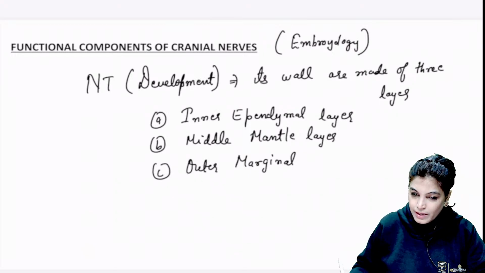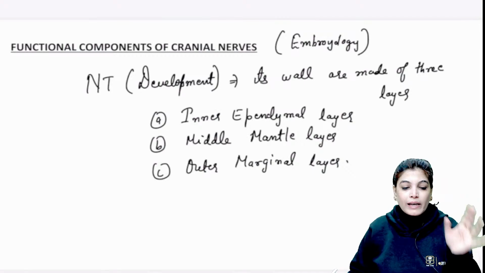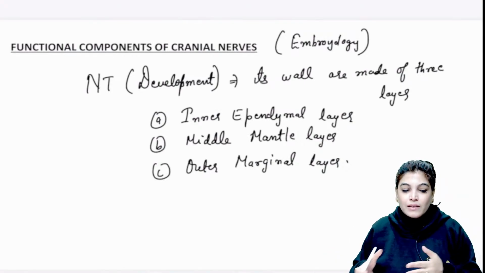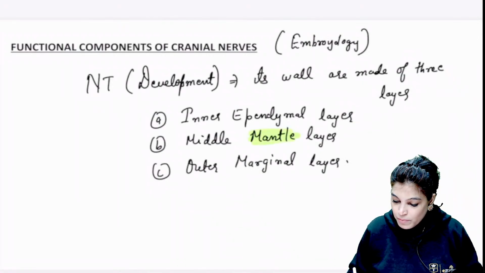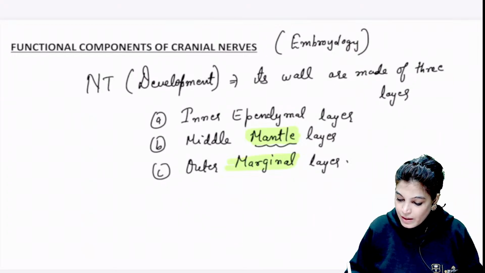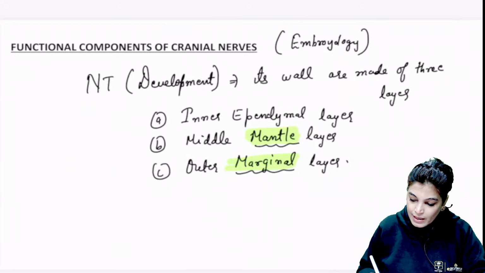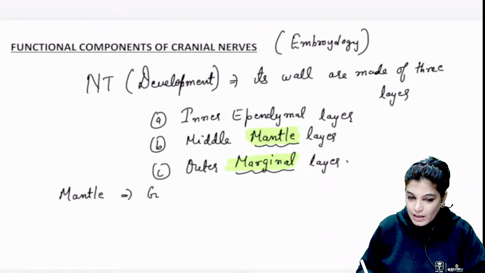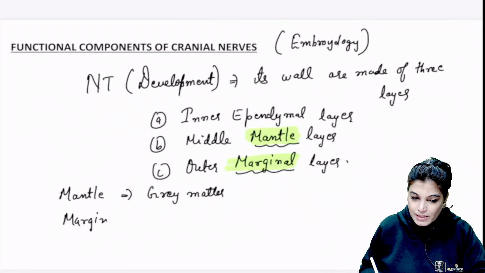It's very important for you to understand that the mantle layer signifies the gray matter and the marginal layer is made of white matter. So you should also note down that the mantle layer is made of gray matter, representing the gray matter part, and the marginal layer is representing the white matter.